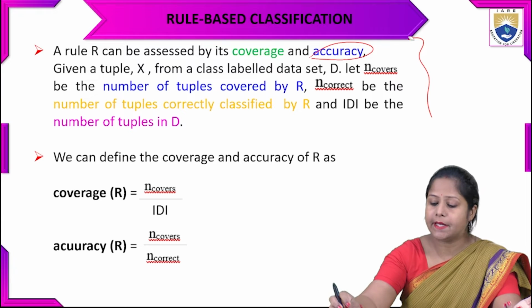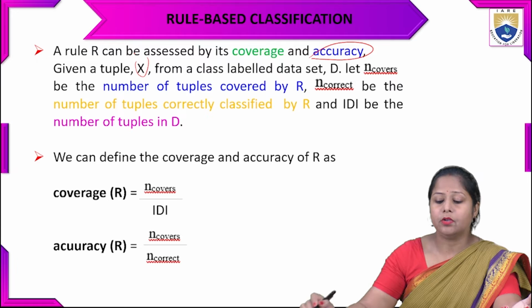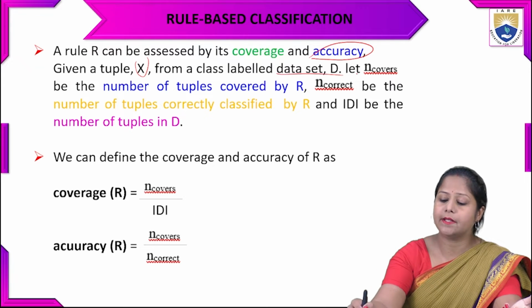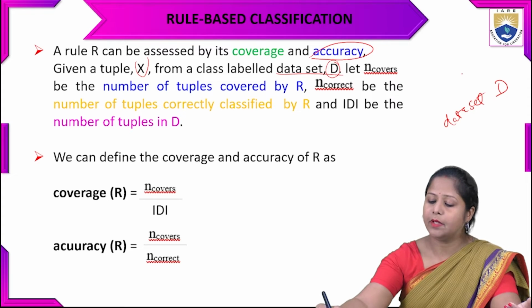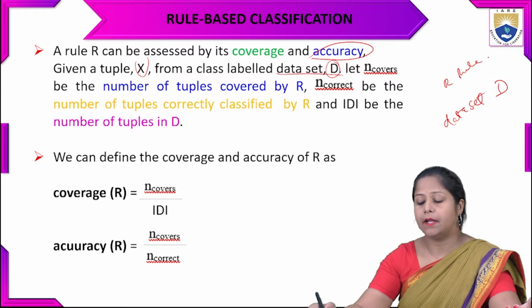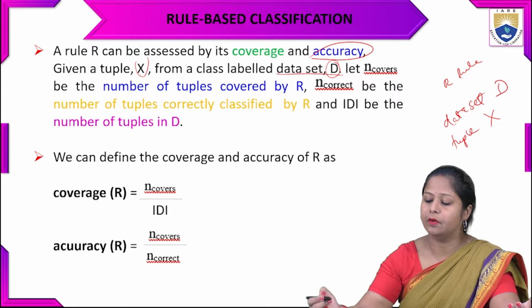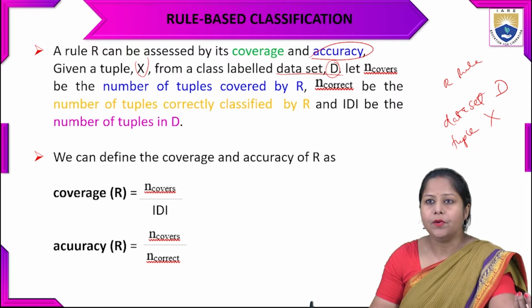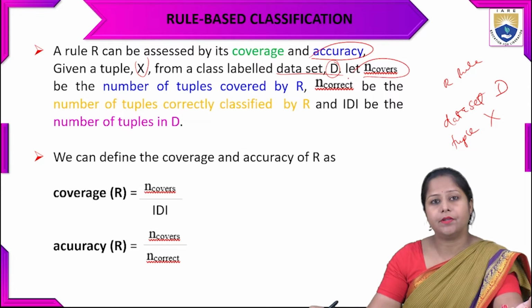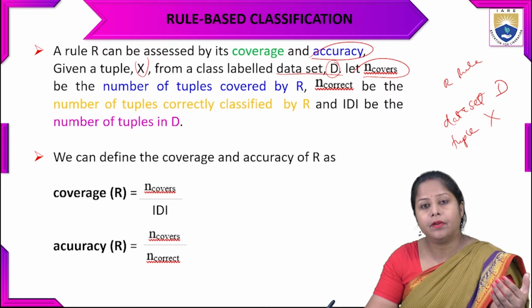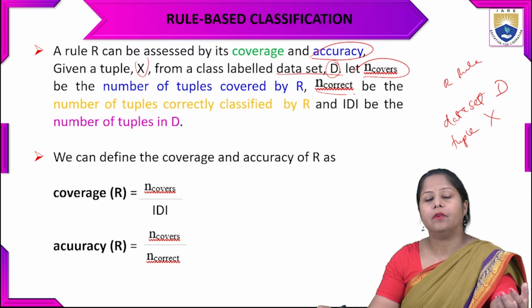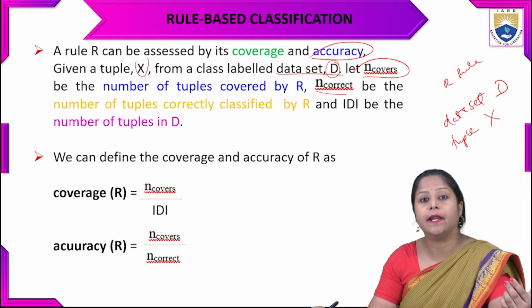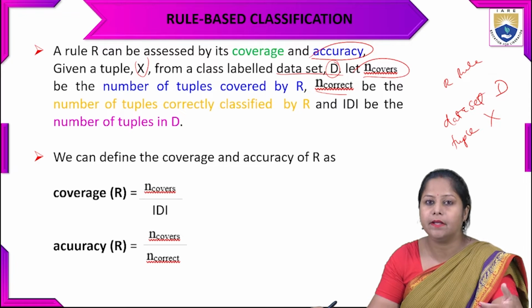Given a class-labeled data set D, a rule R, and a tuple X: n covers will be the number of tuples covered by the particular rule R. N correct will be the number of tuples correctly classified by the same rule.